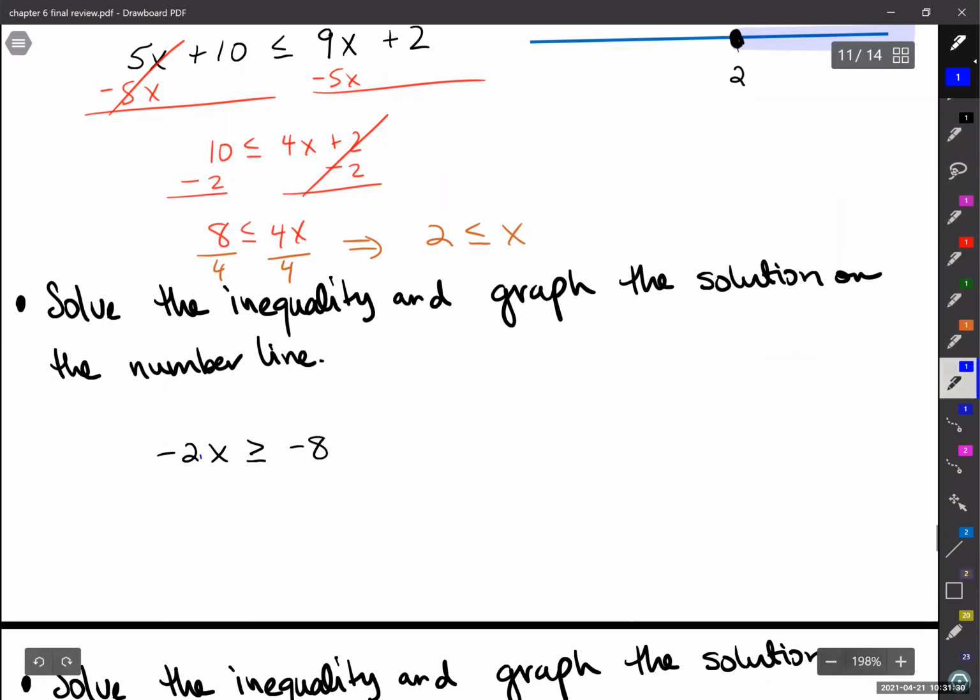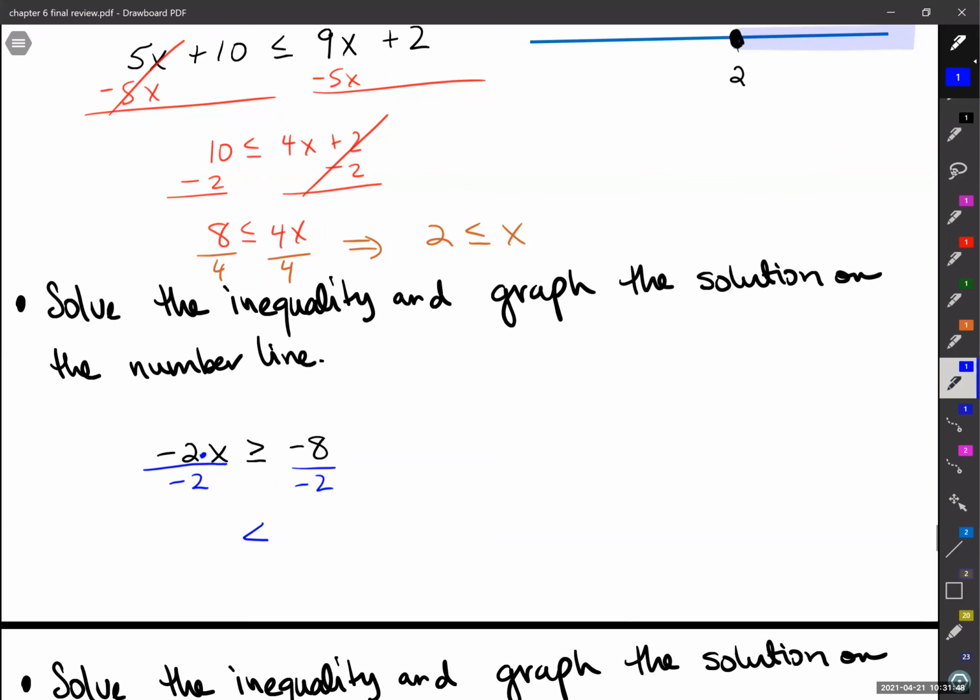So here we're multiplying by -2. So if I want to get x by itself, I'll have to divide. But since I'm working with inequalities, immediately I'm reminding myself, okay, if I multiply or divide by a negative, the direction of the sign has to switch immediately. So before I write anything else, I just immediately switch the direction.